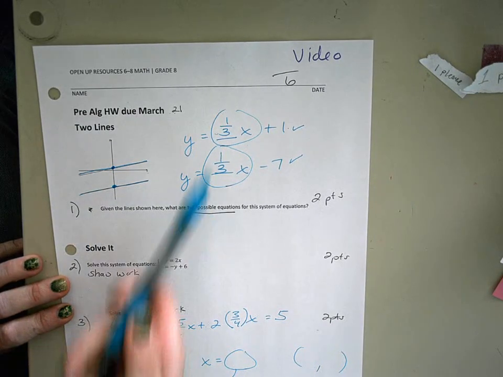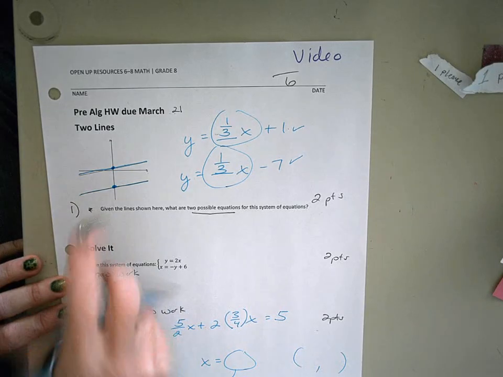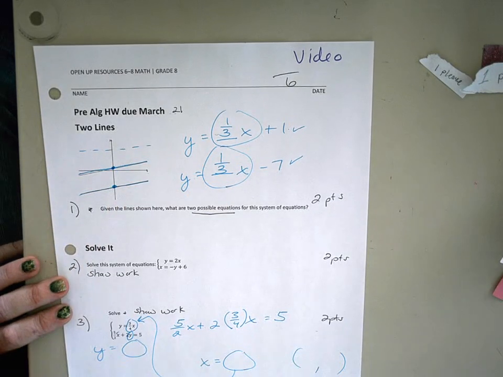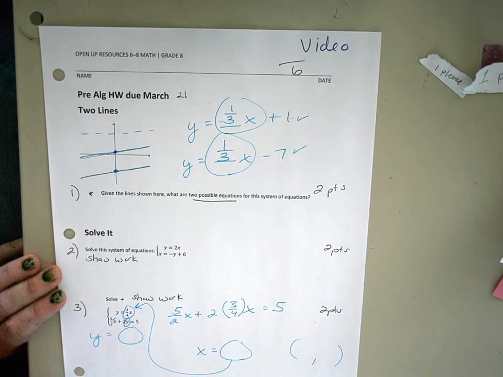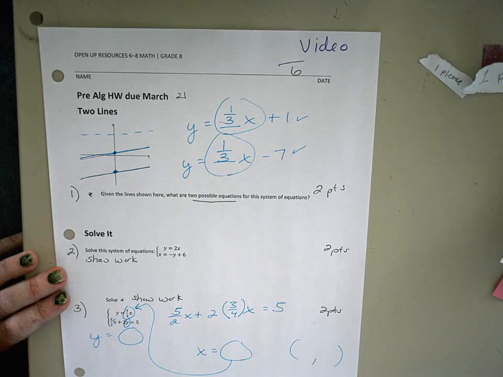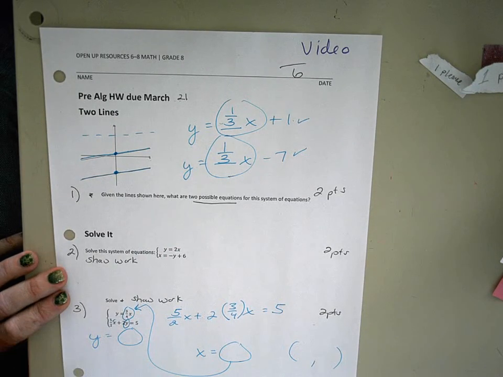And I picked a pretty small slope because that steepness is not that far away from a 0 slope. So like a slope of 5x, probably I wouldn't give you credit. That's not reasonable based on your interpretation of this system.